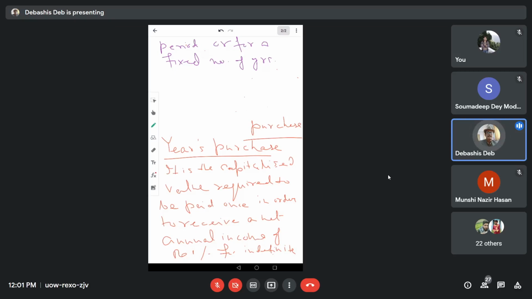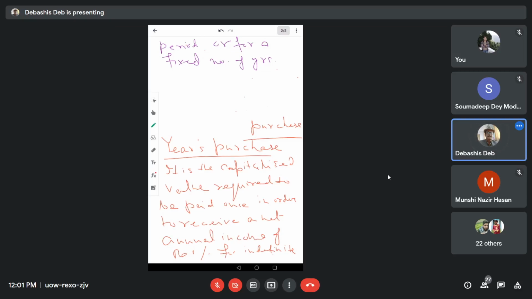Now, I have just defined capital value. It is a capital amount which I will invest for acquiring an asset. Against that asset, I'll be getting net income for an indefinite or definite period. If I purchase a car for rupees 20 lakhs, 20 lakhs will be my capital value, and say the life of the car is 10 years, and I'm receiving rupees 5 lakhs at the end of each year.